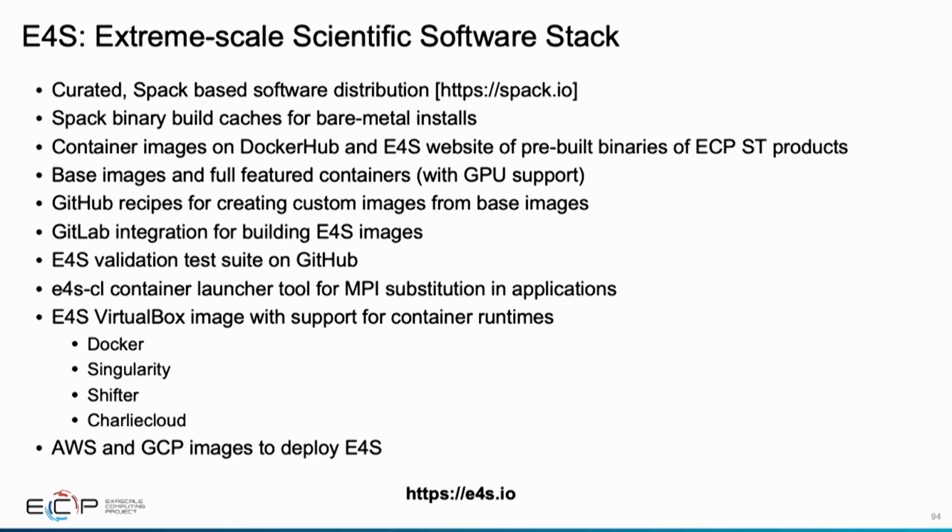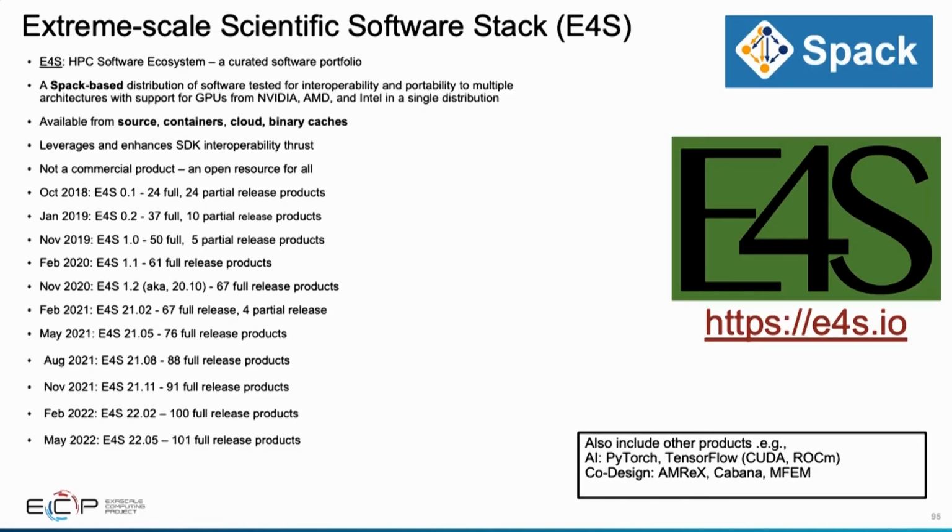It comprises of using Spack as the package manager to create a curated software distribution based on Spack, and we can do this for bare metal installs as well as containerized images, as well as cloud-based images. Okay, and we also have VirtualBox support and cloud images.